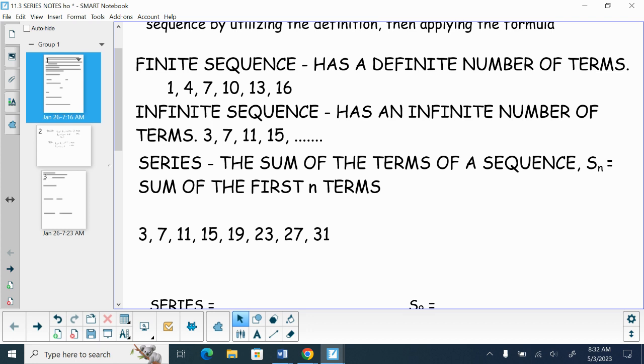It's the sum of the terms of a sequence. We signify this by Sn, with a subscript n. You have the big capital S there, that gives me the sum of the terms.